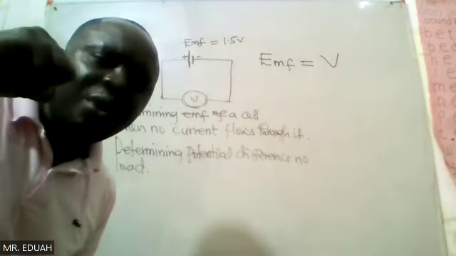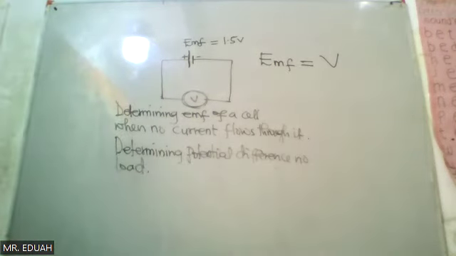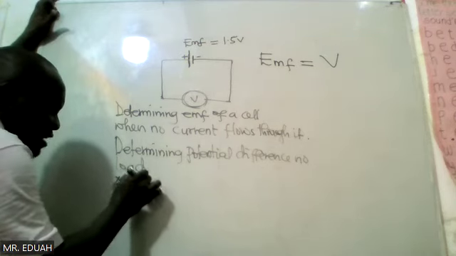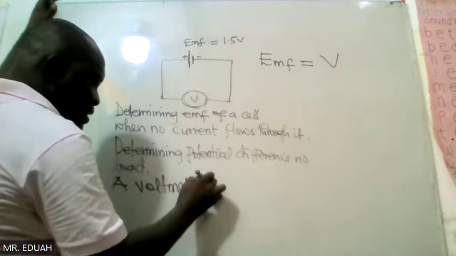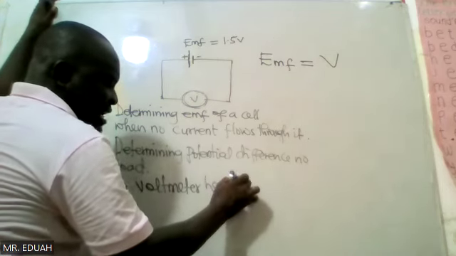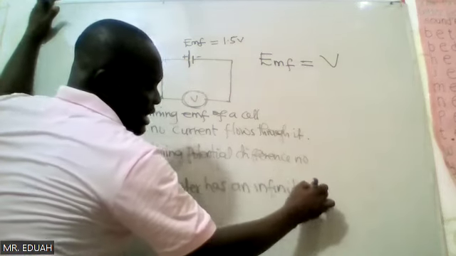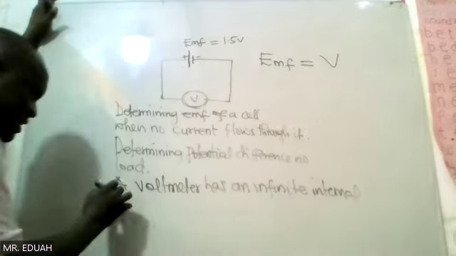A voltmeter which is 100% efficient has an infinite resistance.